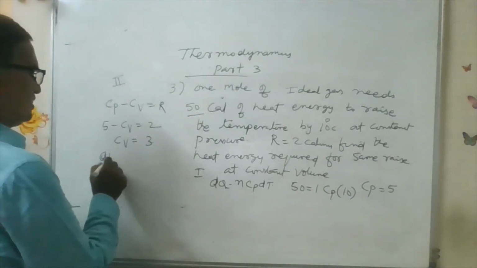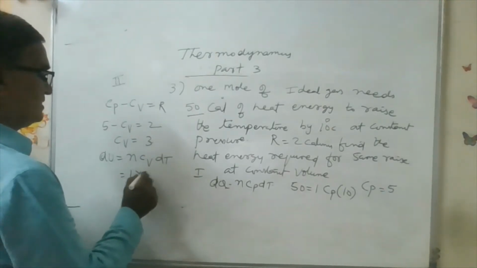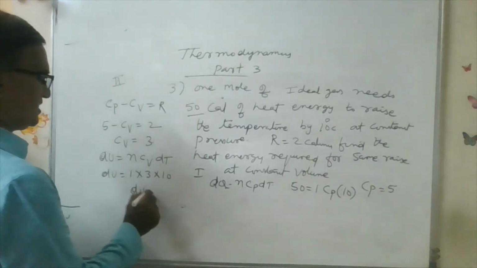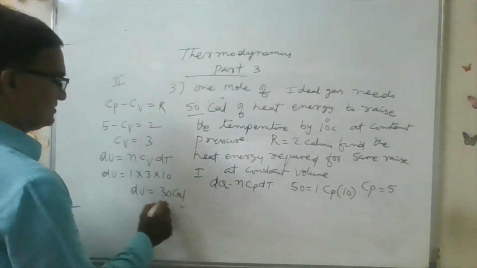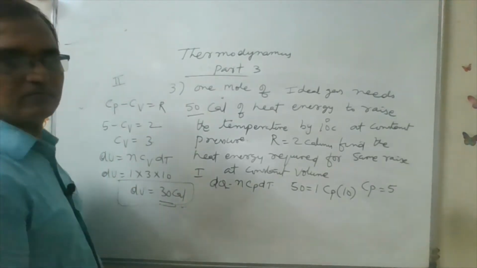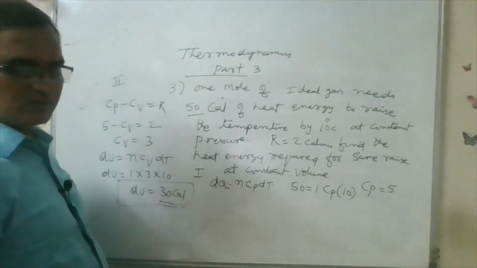You know dU is equal to n Cv dT. n is 1, 3 into 10 for the same rise of temperature. So how much dU do you get here? 30 calories. Important. This is the answer, 30 calories.